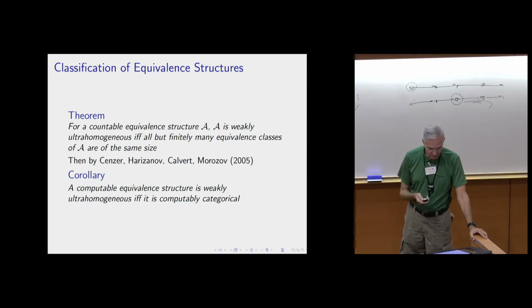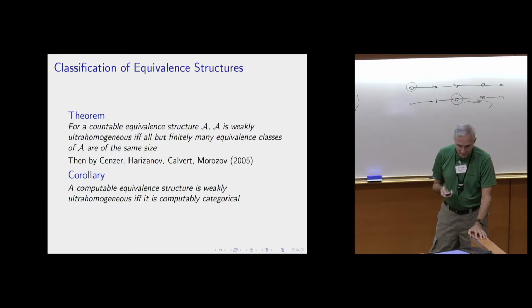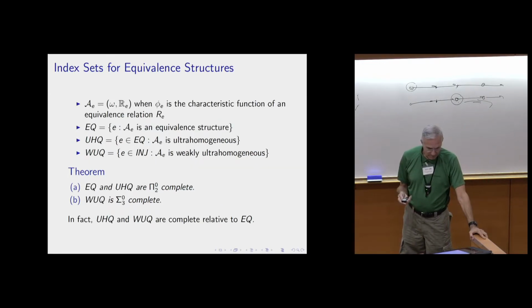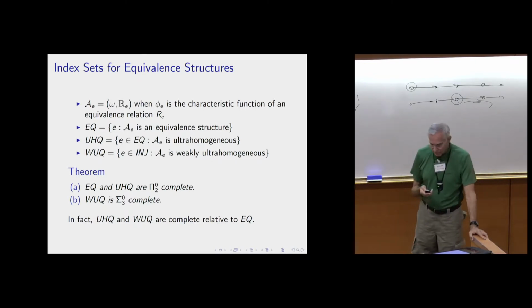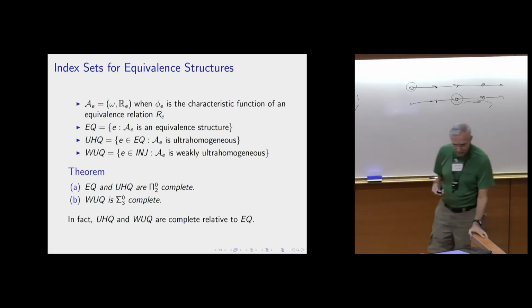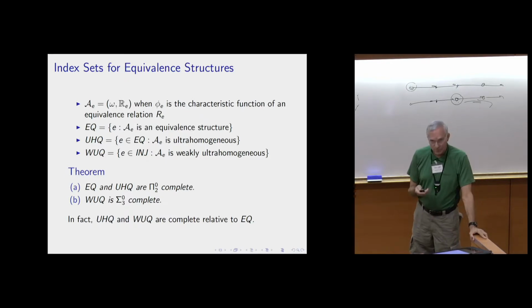That's very natural. And again, the index sets still come out at the same levels of Pi_2 and Sigma_3. It's not entirely trivial to get the completeness, but anyone can do it, basically, I would say.